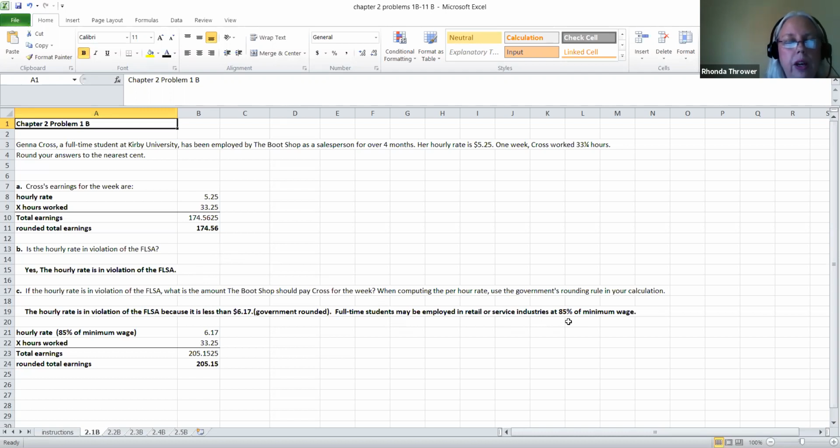If you took 85% of $7.25, that would give you $6.17 rounded by the government. That's one of the rules that we talked about in our instructions. So if you want to refer back to your instructions, you can. I'm going to post these Excel spreadsheets for you to look at too, and have these to go along with the videotapes that I'm providing for you.